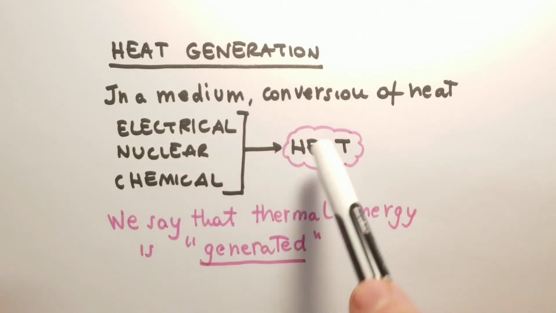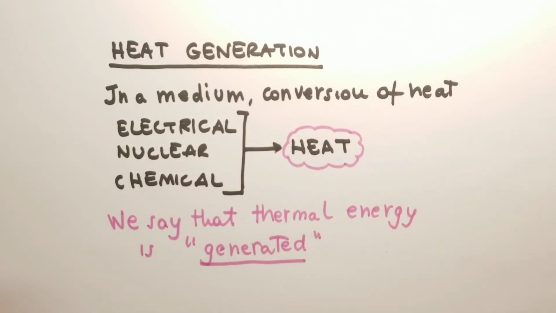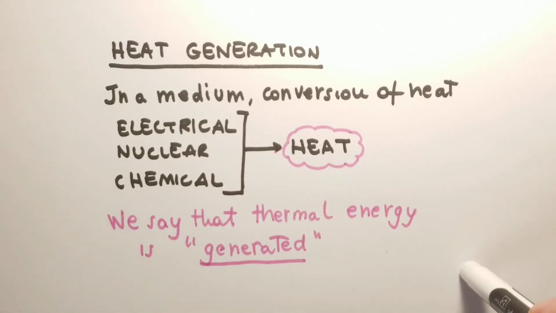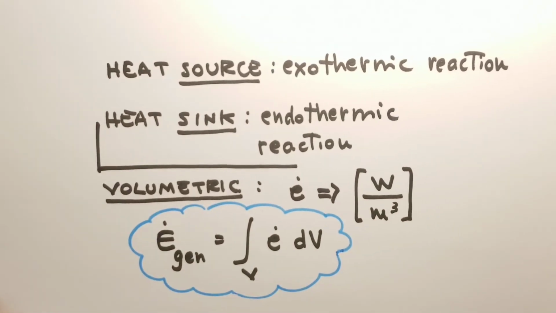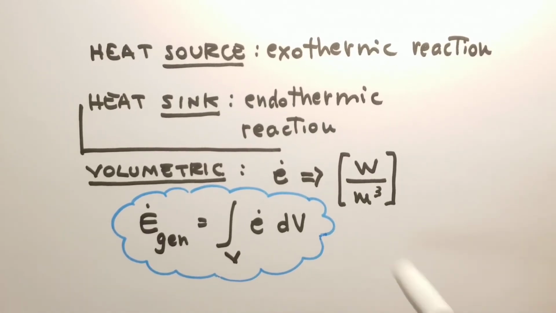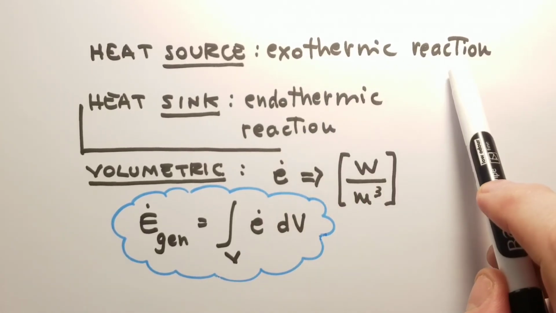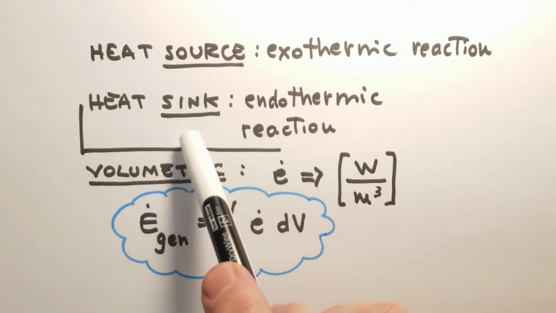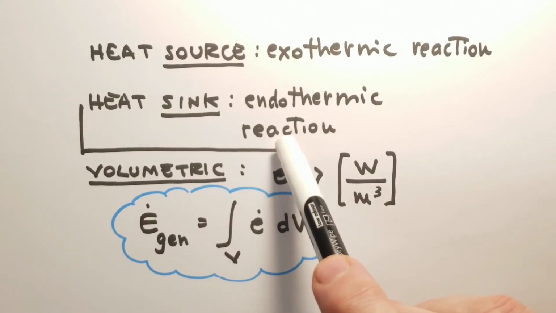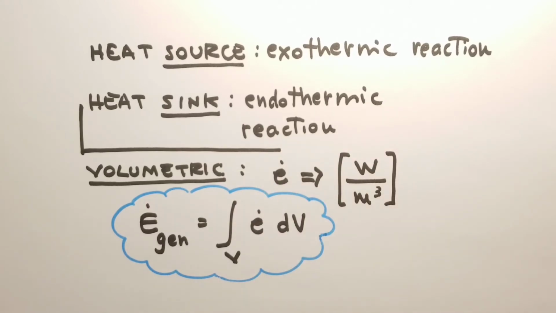So we have a change of type of energy, and we say that thermal energy in this case is generated. We can usually have a heat source in the problem. So for example, we may have an exothermic chemical reaction, or we could have a heat sink. In this case, we would have an endothermic reaction, where the energy goes from thermal into the chemical bonds.